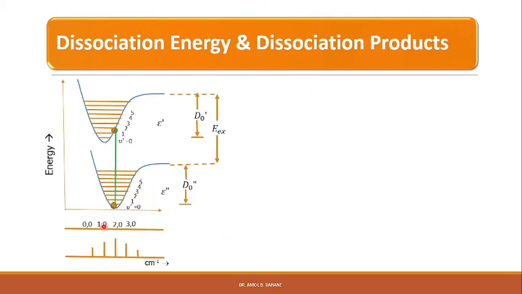In the absorption spectra, it is normally the series of lines originating from nu double prime equal to 0 which are observed. Thus the convergence of the levels in the upper electronic state and the dissociation energy of that state is normally found from this spectrum.